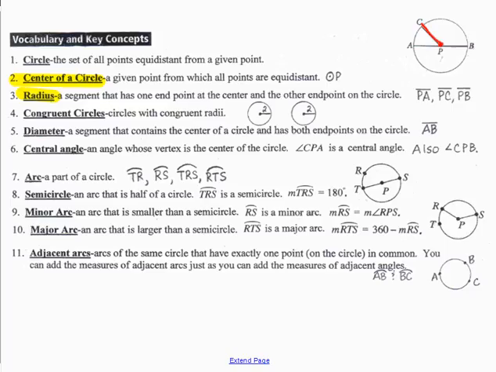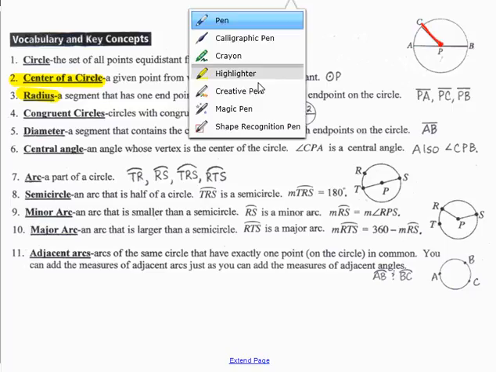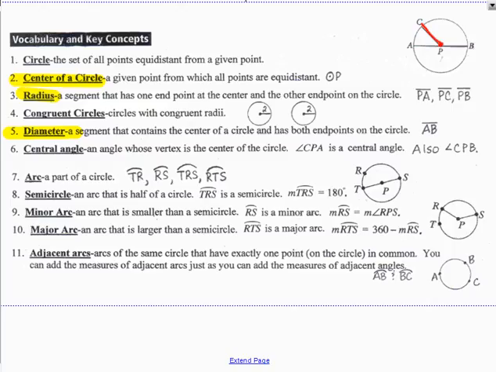And it's the same distance all the way around the entire circle. Congruent circles, you guys can figure that one out. Diameter. Diameter is the distance from one end of the circle to the opposite. And it always goes through the center. That's a diameter.